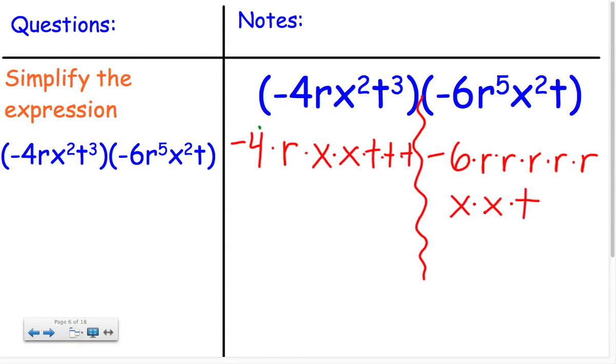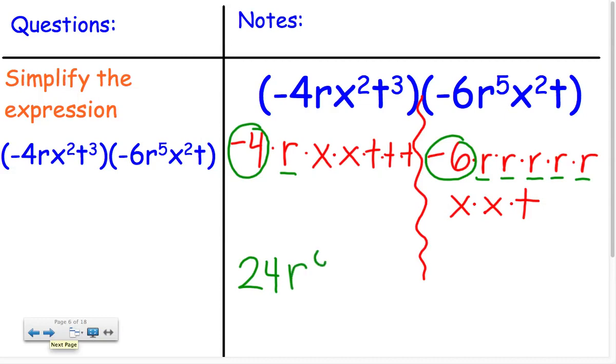So I'm going to take the -4 and -6 and multiply them. I get 24. Then I have 1, 2, 3, 4, 5, 6 r's. And I have 1, 2, 3, 4 x's. And I have 1, 2, 3, 4 t's. So my answer is 24, r to the 6th, x to the 4th, t to the 4th.